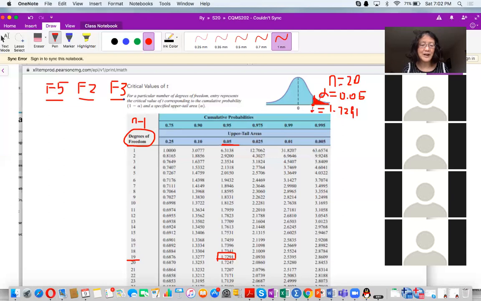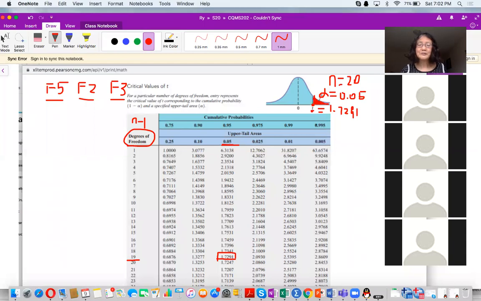Area, type 0.05, df, degree of freedom 19, and then press EXE, maybe 2 times, and you get this number, 1.7291. Okay, any questions?